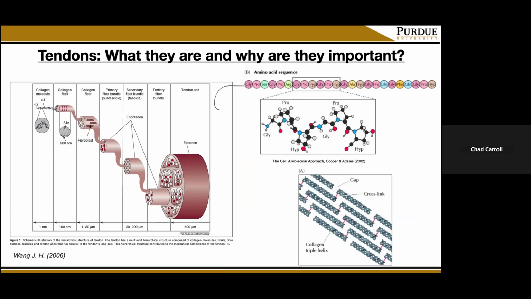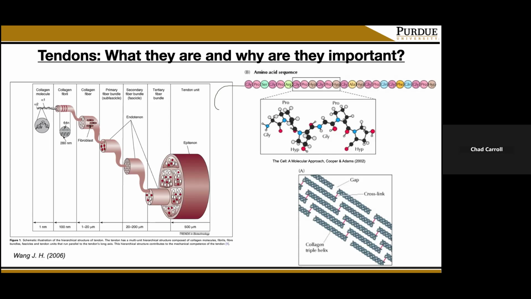I'll show you some work on whole tendons, but we also break it down into smaller parts, down to the macro scale and nanoscale level, where we're measuring collagen, which is the main structural component of tendon. Collagen is about 50–55% of the dry weight of tendon. So it's a very large amount of one single protein in a tissue.